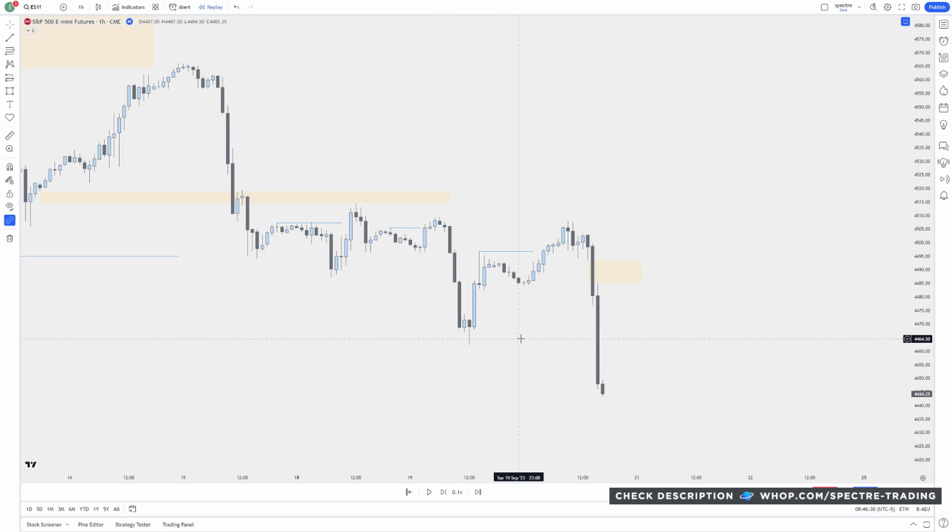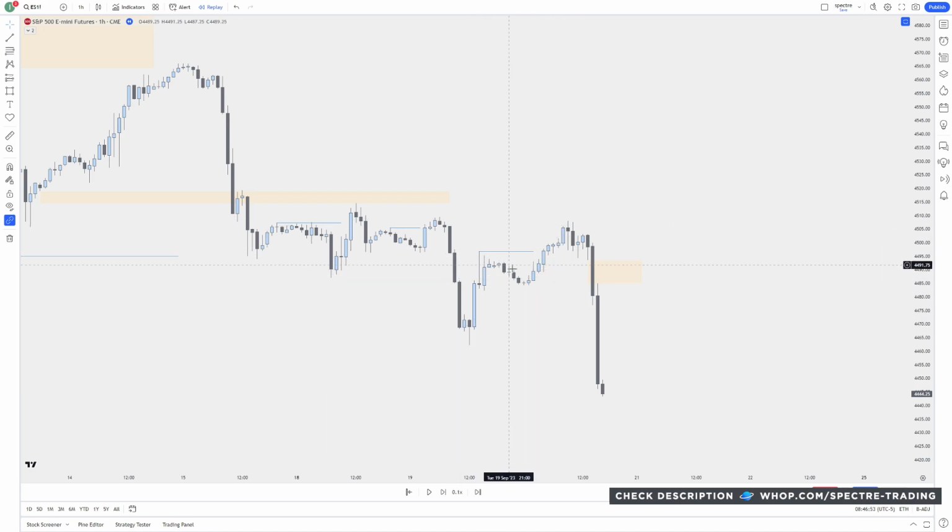and speed. Now you may argue we are having fair value gaps being left to the upside, but we don't have the other factors. Sell side liquidity is not being manipulated in this whole run higher, whereas buy side liquidity is being manipulated on these runs lower. We also don't have speed on the way up.